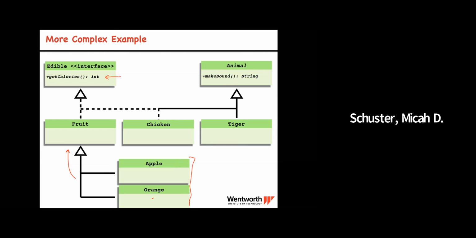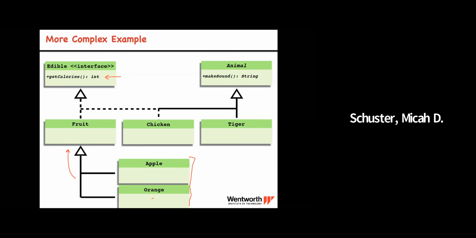But chicken is edible. Apples and oranges, and fruit by extension, are edible. So a chicken can be edible, a tiger might not be edible. An apple can be edible, an orange can be edible.